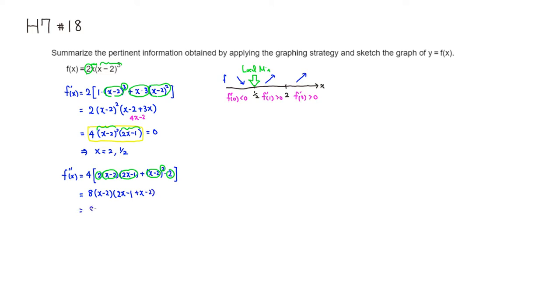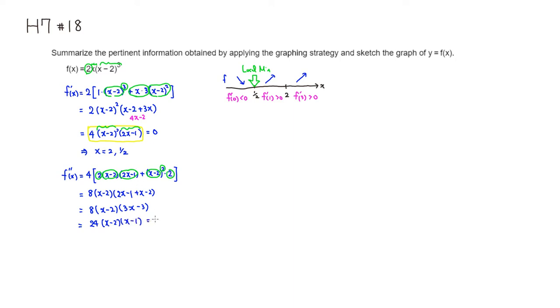You can see that they have 8x minus 2, and that will be 3x minus 3. So we can pull 3 out. So 3 times 8 is 24, times x minus 2 and x minus 1.